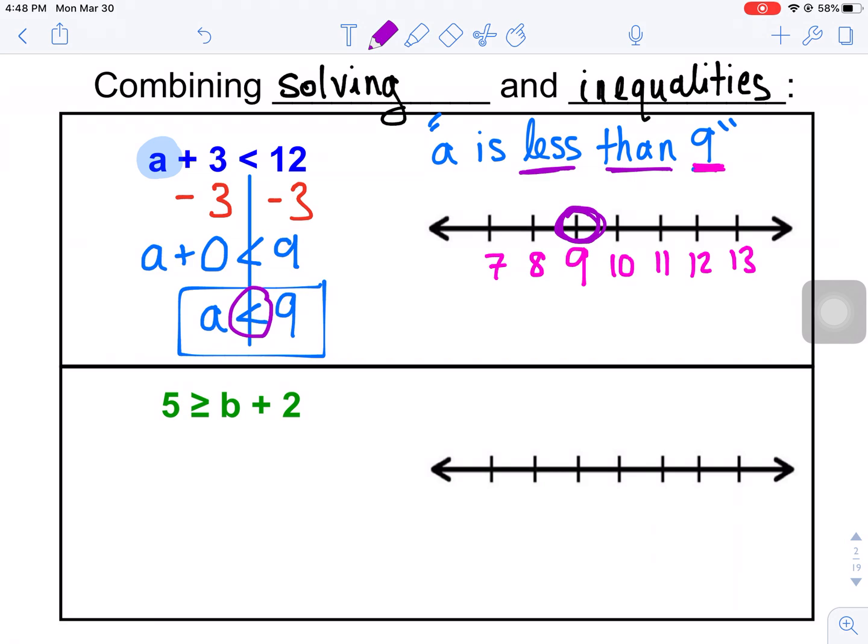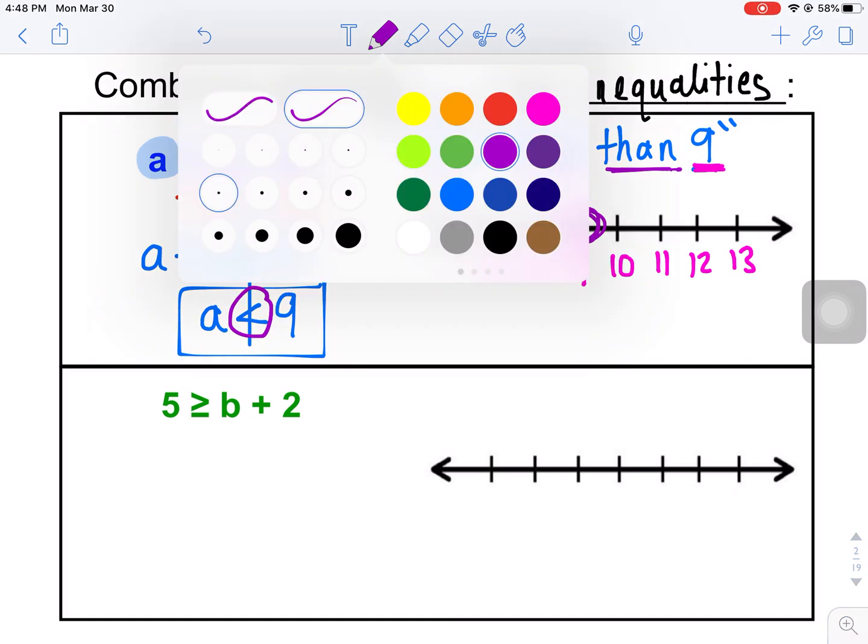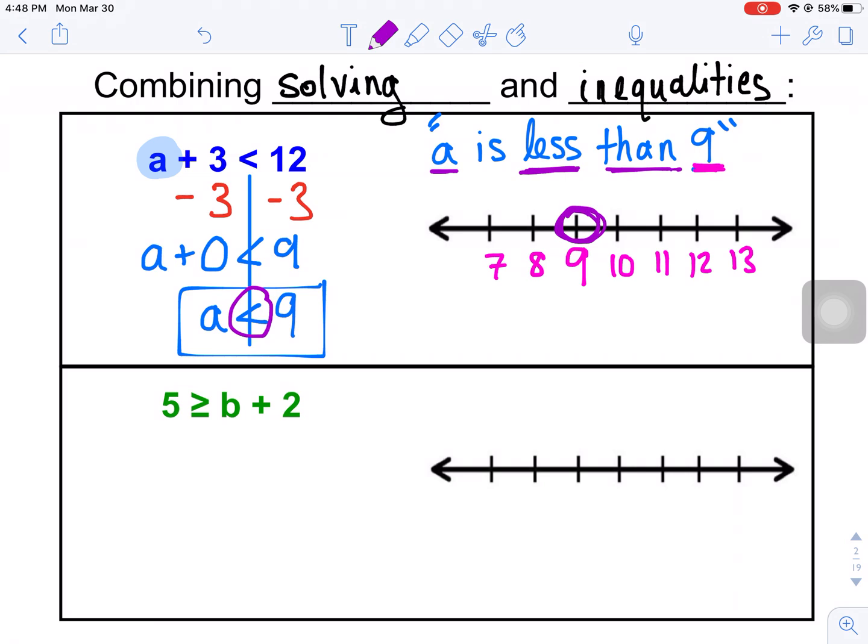We also know that A is less than 9, so we need all the numbers that are less than 9, like 8, 7, 6, anything in this direction is going to be less than 9.